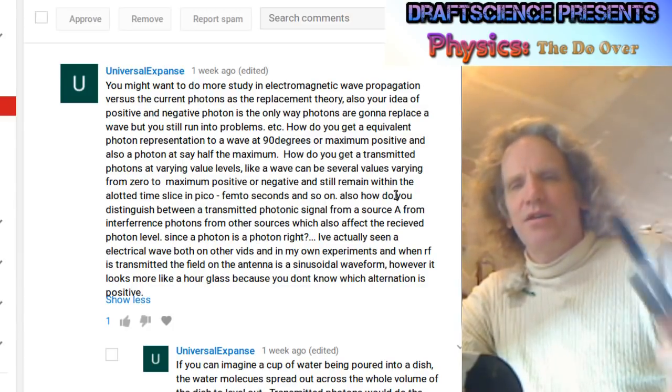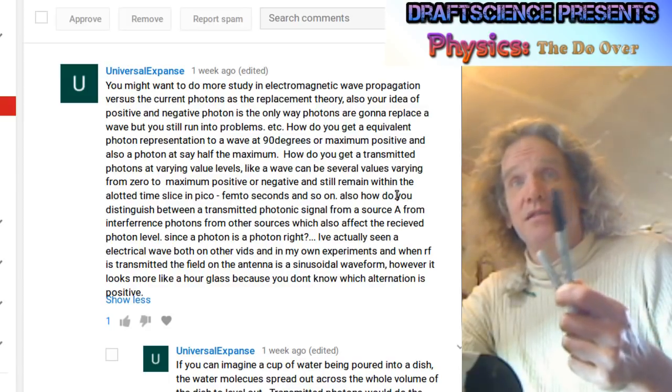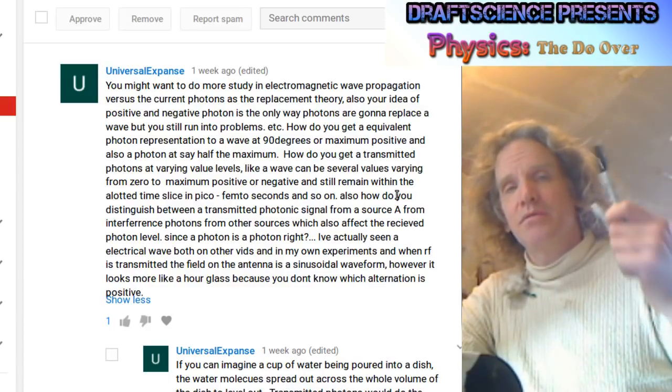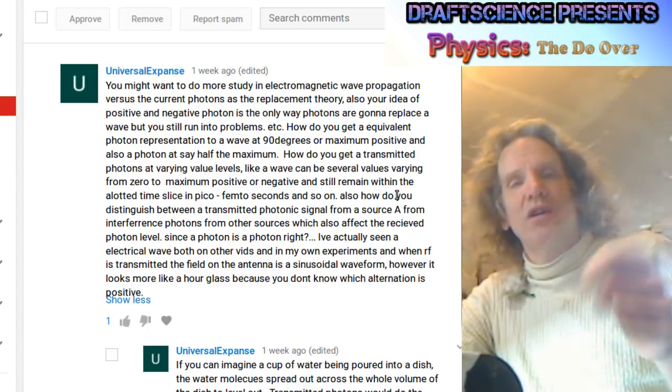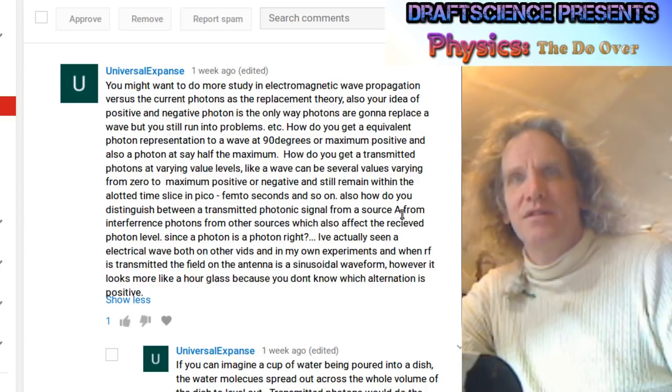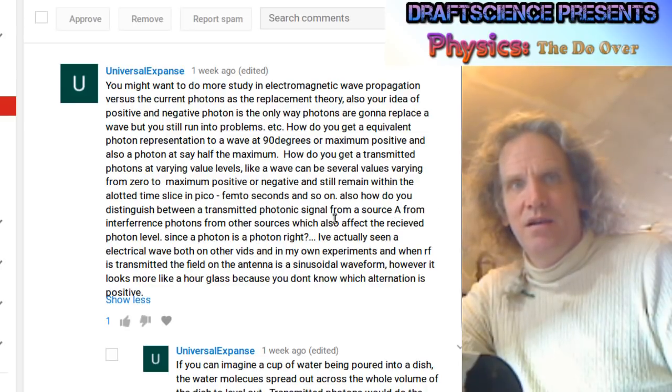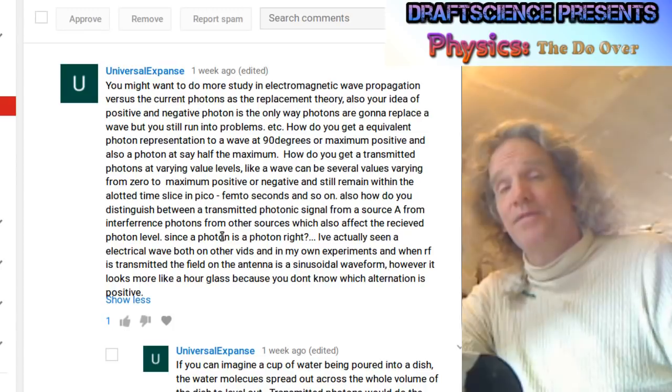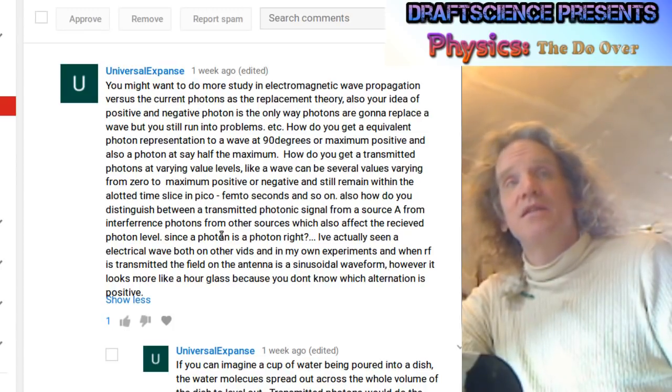So again, I would argue there's no evidence that the individual photons have any magical ability to be strong or weak. Also, how do you distinguish between a transmitted photonic signal from a source A from interference photons from another source, which also affect the received photon level? Well, I don't believe interference is an actual event.